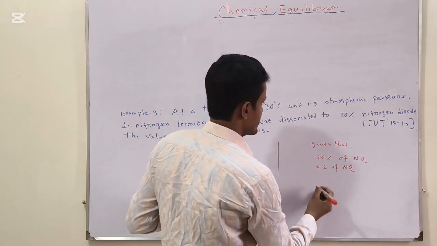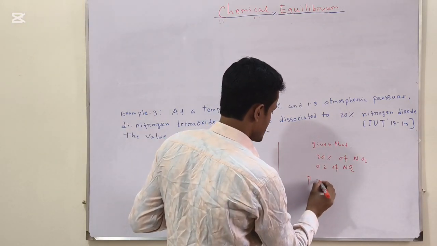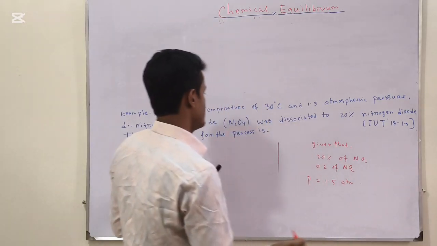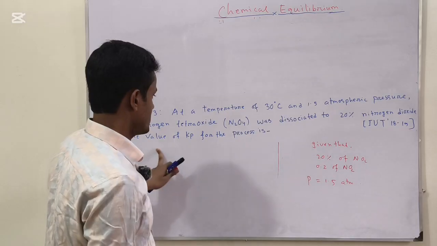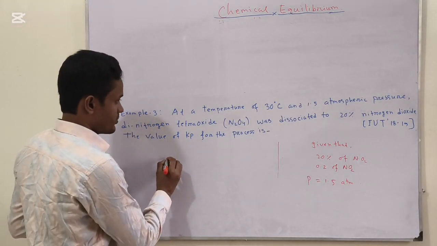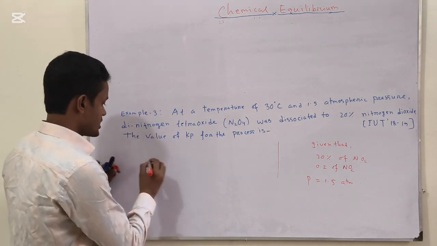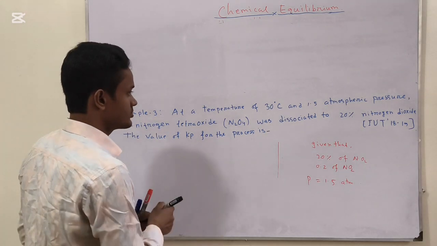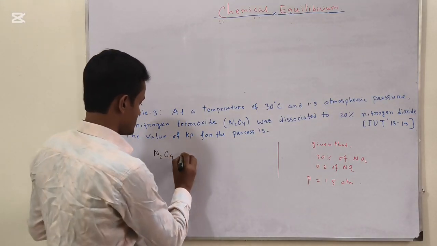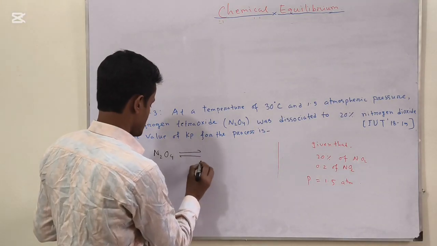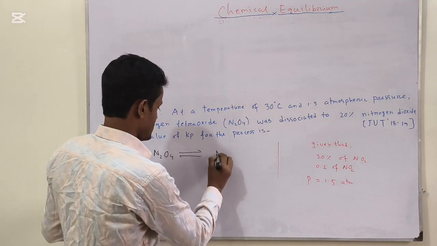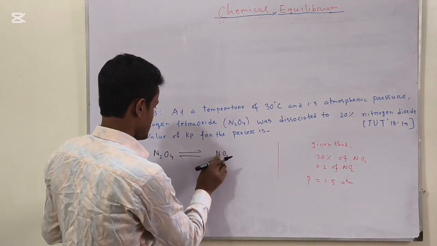And 1.5 atmospheric pressure, P equal to 1.5. Okay, we can write the reaction: dinitrogen tetroxide dissociates to nitrogen dioxide.